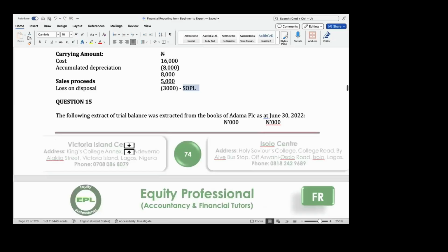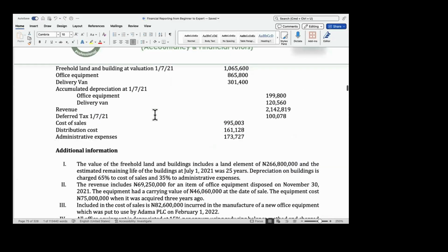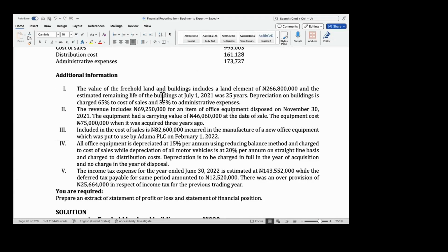Now, question 15. Okay, I'm not going to do this. I'm going to solve questions like this when I start teaching you published accounts. So you can leave it, but if you want to try it, you can try it, but I'm not doing it now. The solution is there for you.